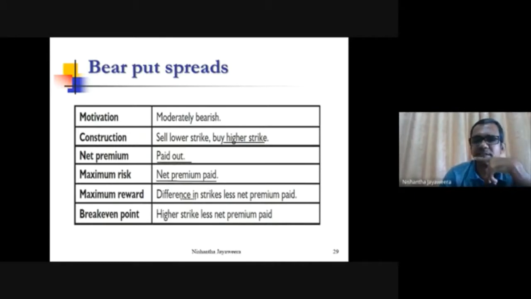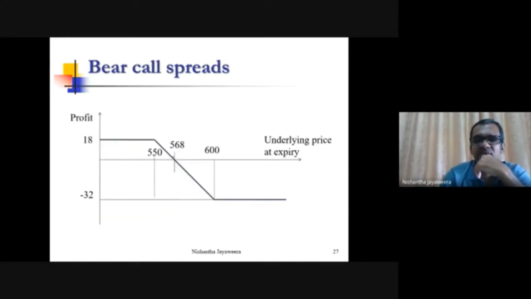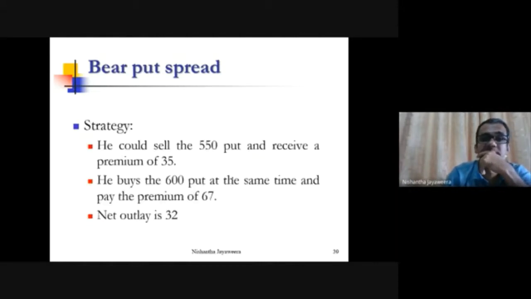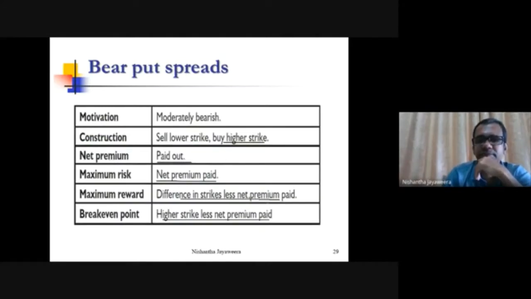The difference in strikes less the net premium paid is the maximum reward, and the break even is the higher strike less the net premium paid. So this is the break even, higher strike minus the net premium paid. Sorry, not in that. This figure comes in call spreads. No, this is put spreads.